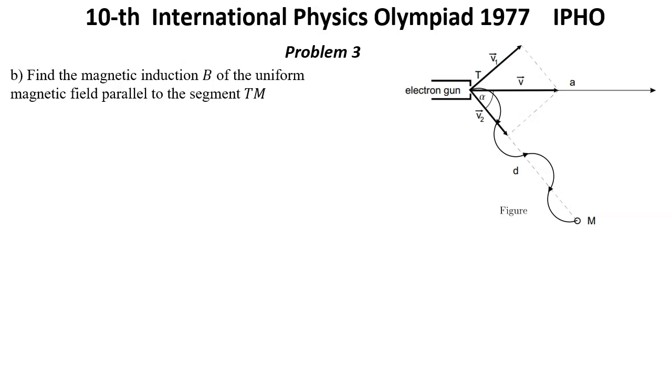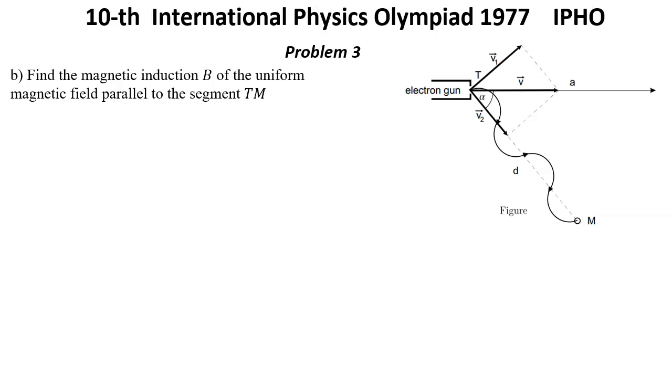Question B. Find the magnetic induction B of the uniform magnetic field parallel to the segment TM. Solution. If a uniform magnetic field is neither perpendicular nor parallel to the initial direction of motion of an electron beam, the electrons will be deflected into a helical trajectory.